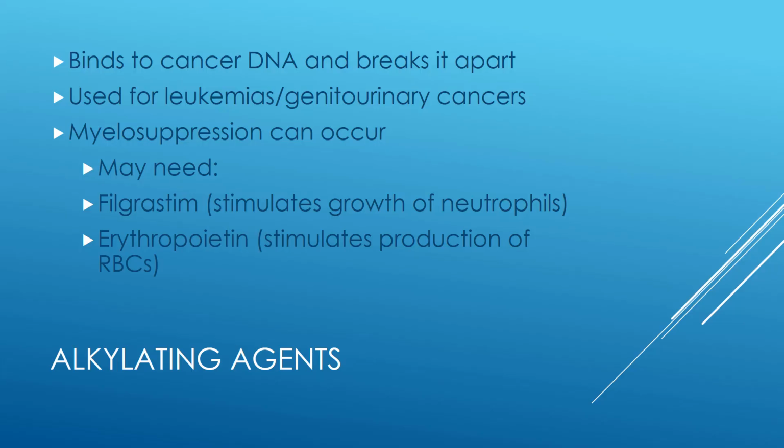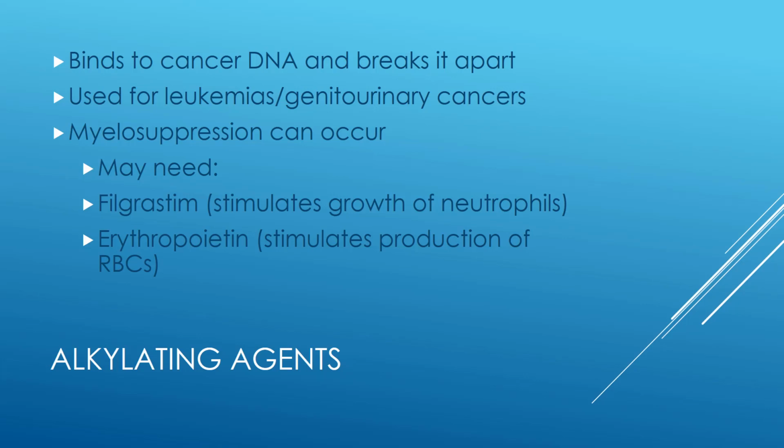Meds used to treat cancer include multiple classes that all help to kill the cancer cells. Alkylating agents like cyclophosphamide or Cytoxan would be one group. This medication binds to the cancer DNA, breaks apart the DNA strands, and disrupts replication.